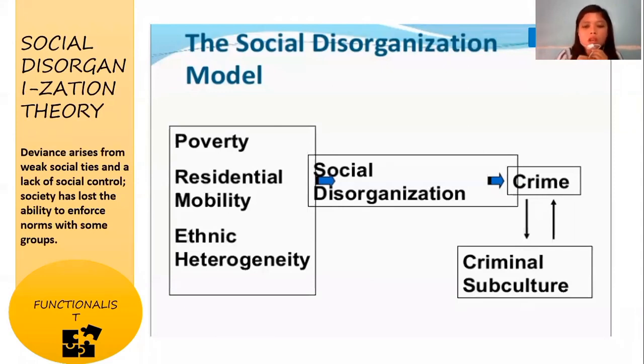So deviance comes in when there is this so-called disorganization happening. Disorganization refers to the breakdown of order or system in the community, wherein there is this so-called weak social ties and lack of social control in the community.